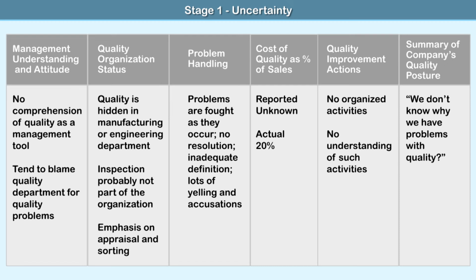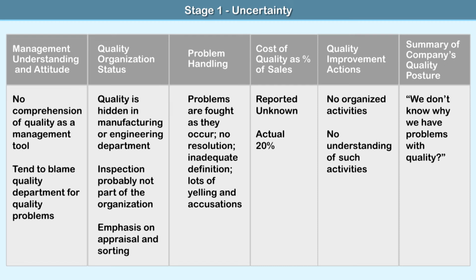Quality organization status for stage 1. Quality is hidden in manufacturing or engineering departments. Inspection probably not part of the organization. Emphasis is on appraisal and sorting.